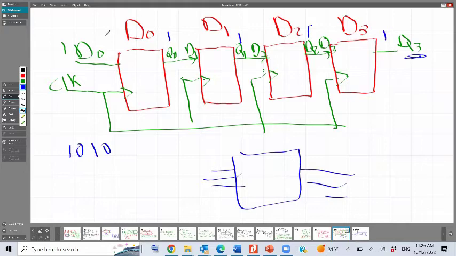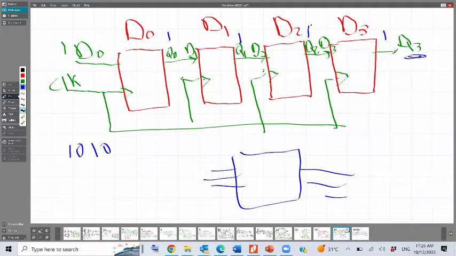If I want to see this data jumping from one stage to the other until it goes to output D3, if the data on D0 is 1010, what would we have at the output?